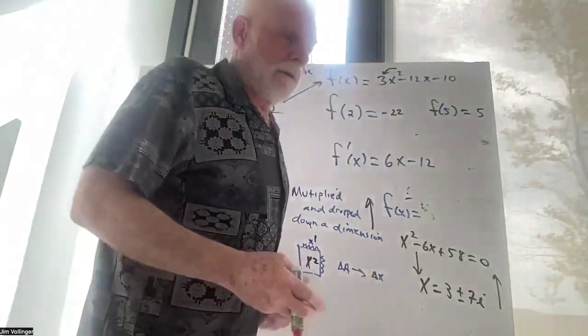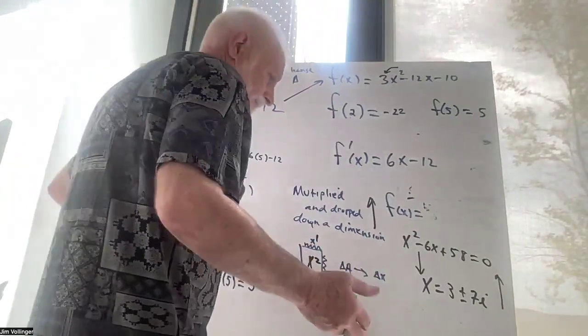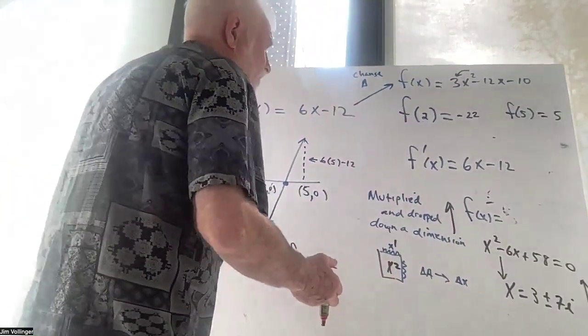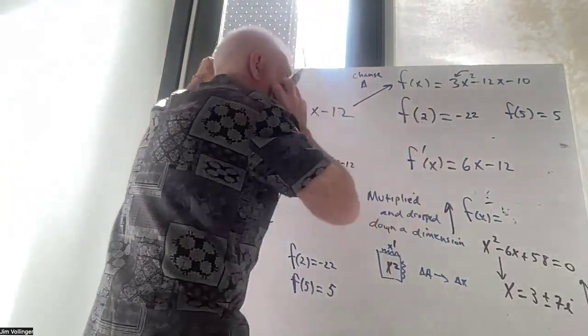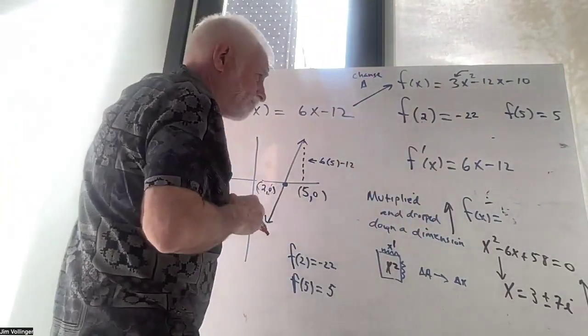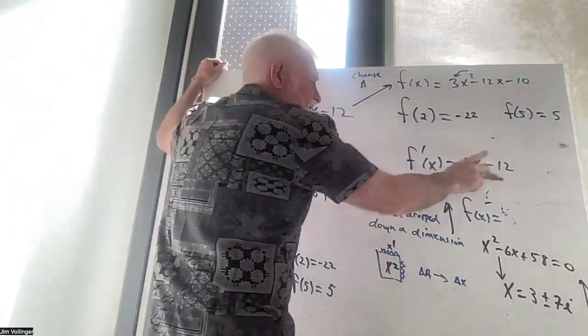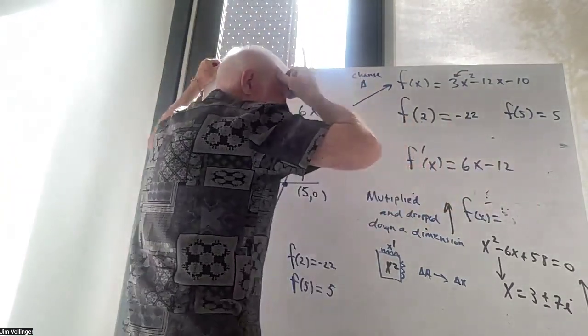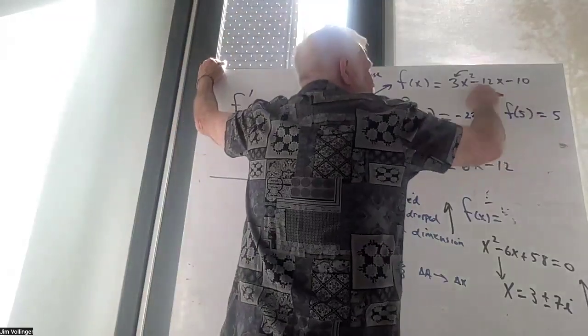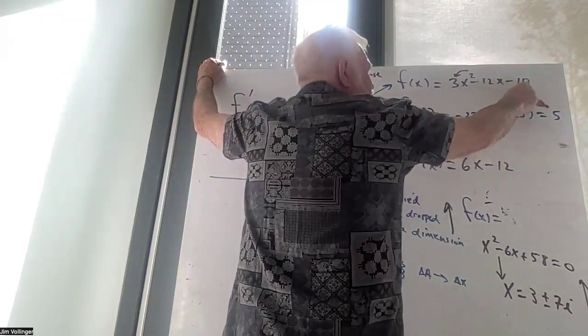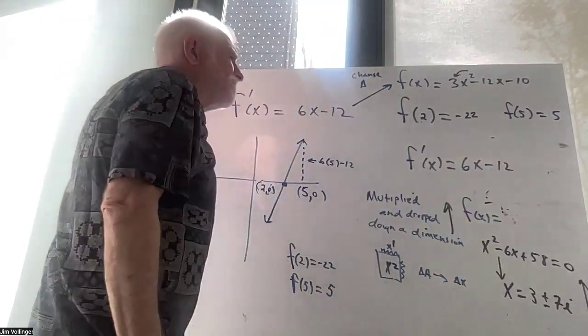And it's interesting that I know a couple of things. I know f of 2 gets me minus 22. And f prime of 2 gets me 0. That's interesting. And I know that f of 5 gets me 5 up here, 75 minus 60 minus 10.